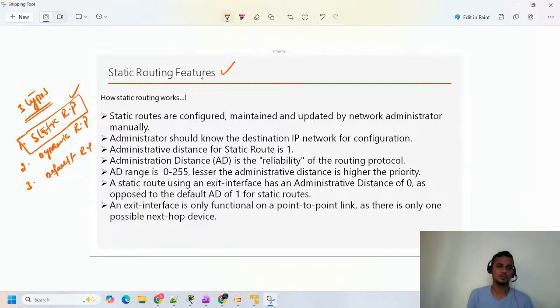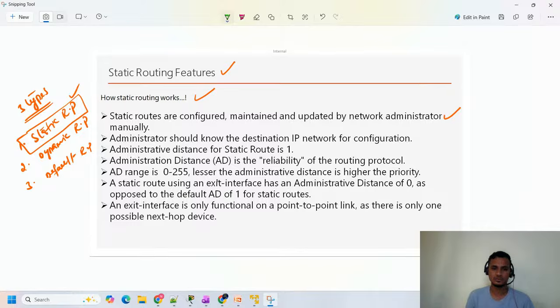So how does this static routing protocol work? See, guys, static routes or static routing are configured, maintained and updated by the network administrator manually. That is what we have in the static routing protocol.